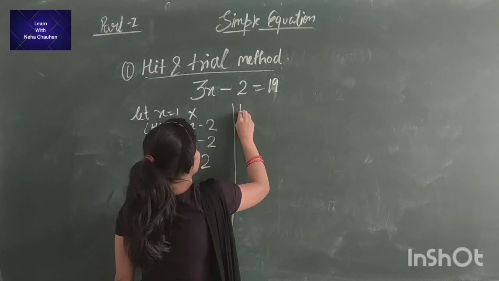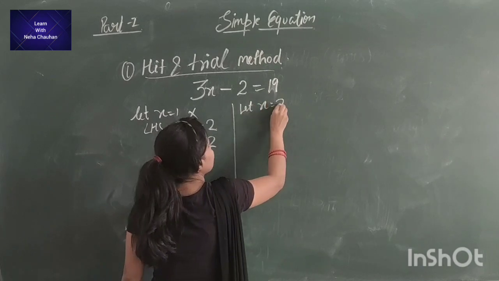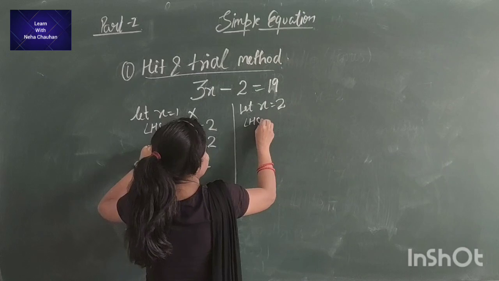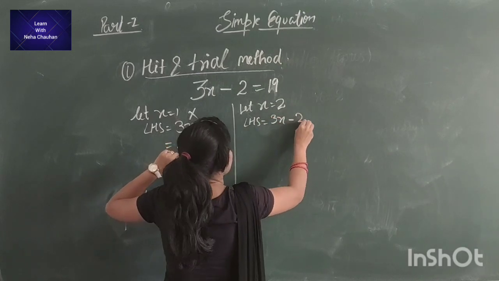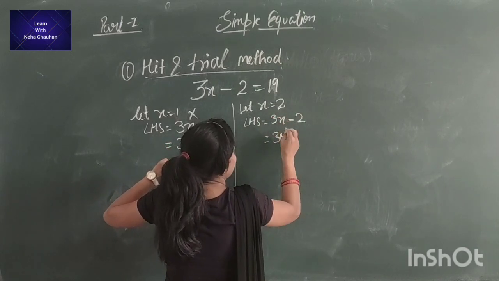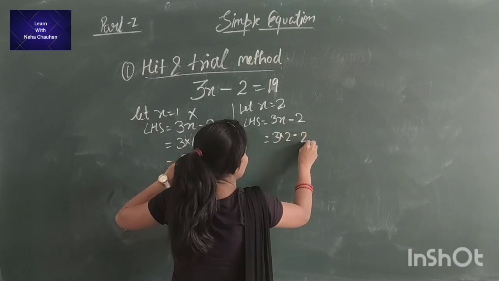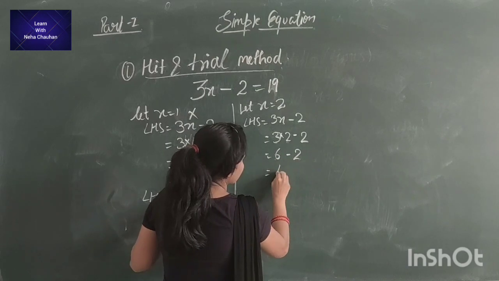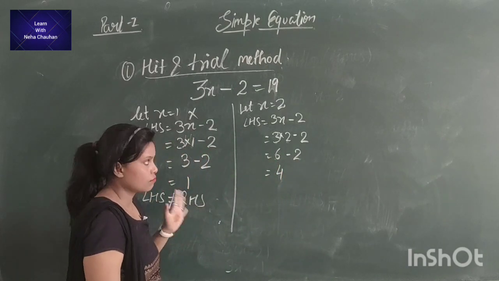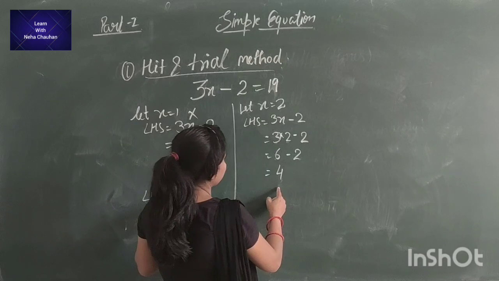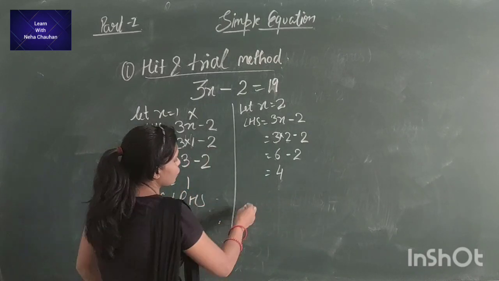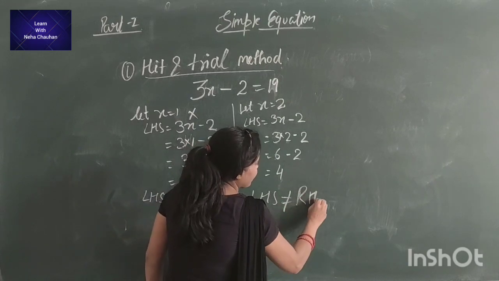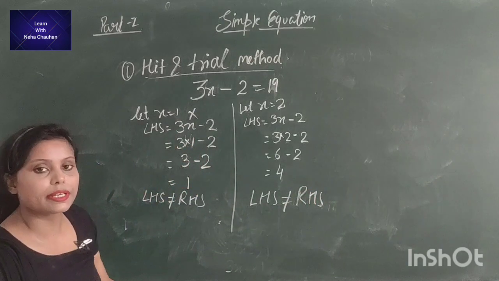Now let x is equal to 2. Okay. So LHS 3x minus 2. In the place of x we will put 2. 6 minus 2. So 6 minus 2 is 4. This is also wrong. Right. So from here we notice that this value is coming very less. So let's take a bigger value.